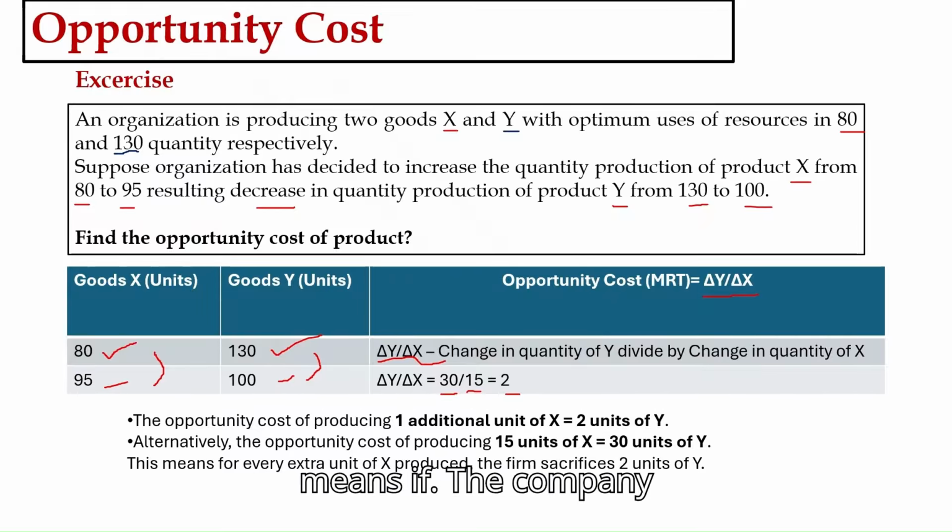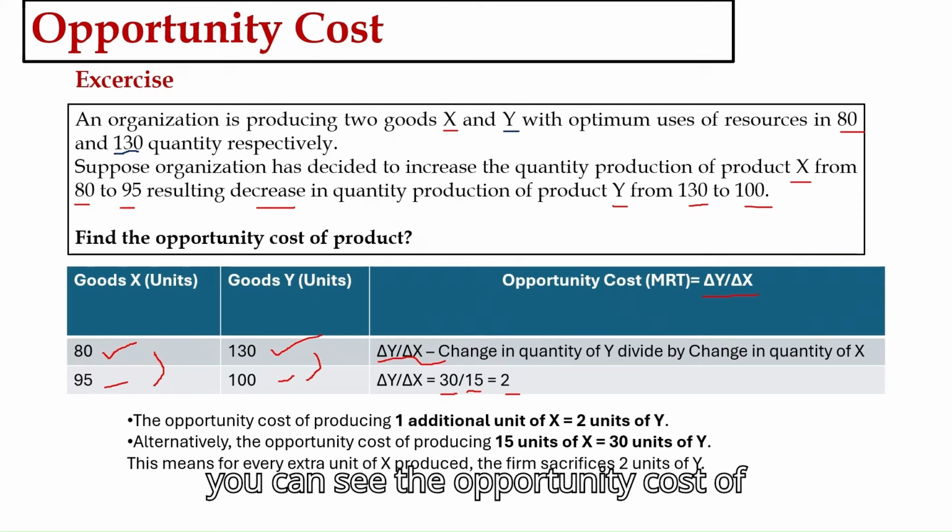Which means if the company or the organization or economy decides to make one more unit of X, they have to produce 2 units less of Y. Alternatively, we can see the opportunity cost of producing 15 units of X is 30 units.